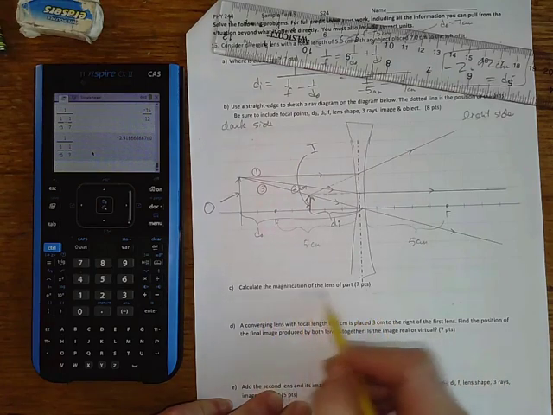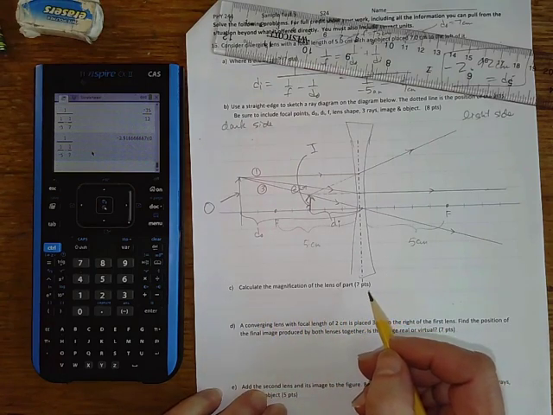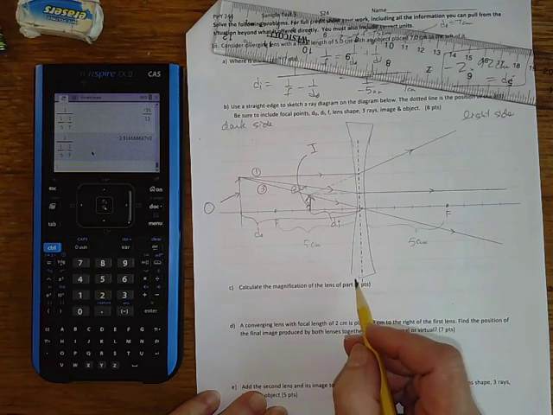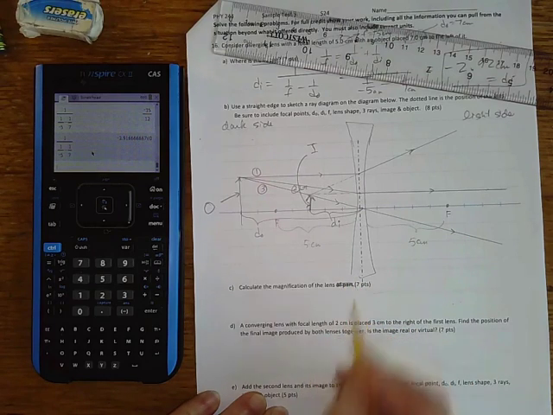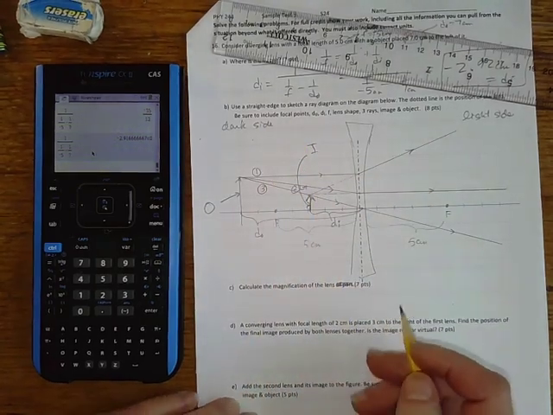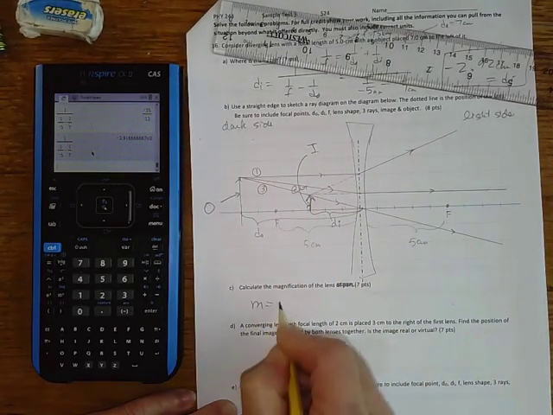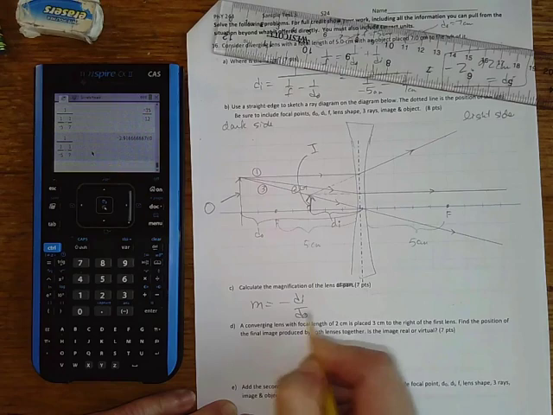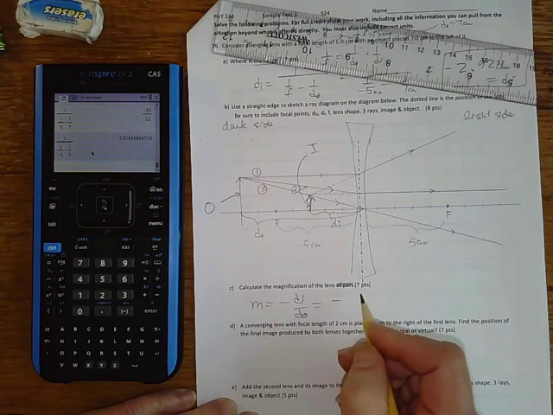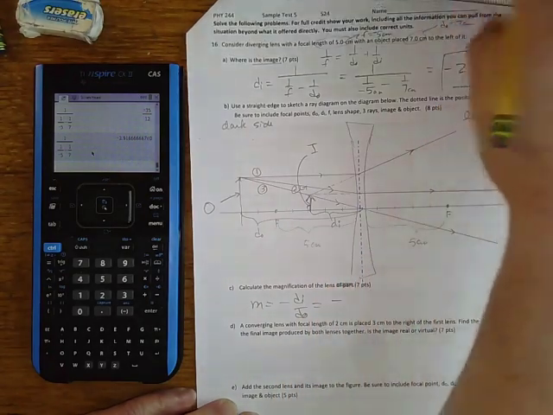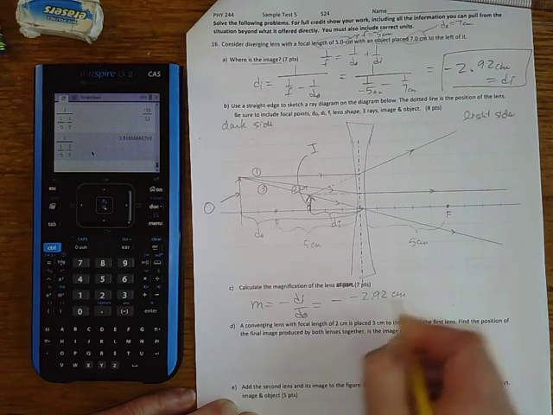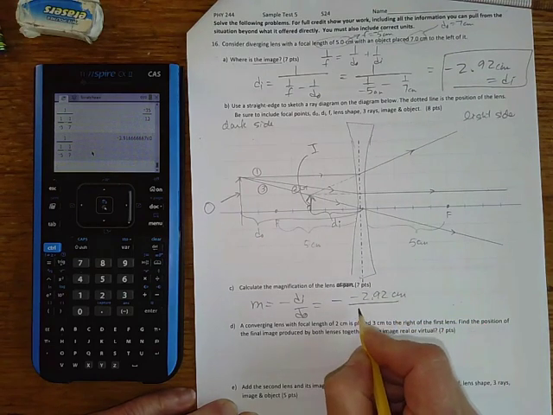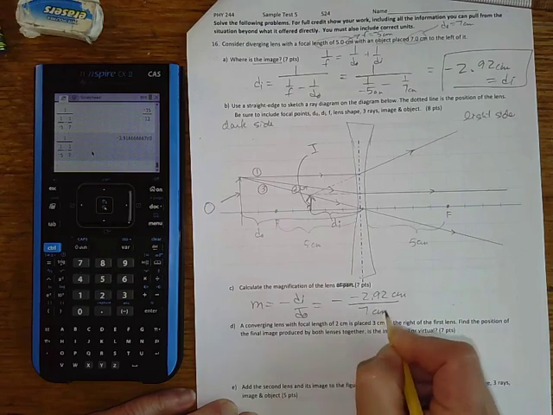Part C, calculate the magnification of the lens of part A anyway. Calculate the magnification of the lens for this one above. So magnification is negative DI over DO. So it's negative DI, we have negative 2.92 centimeters, and then DO was 7 centimeters.